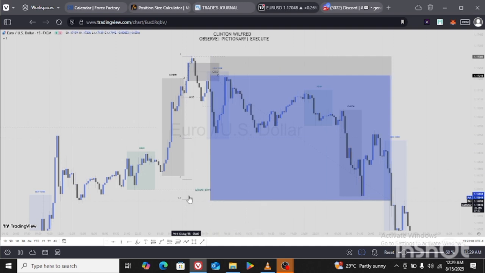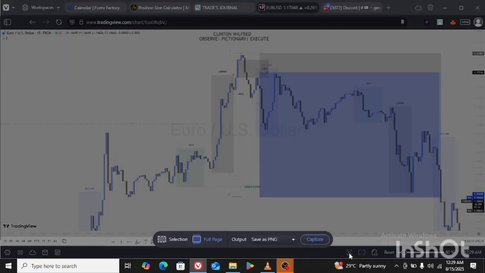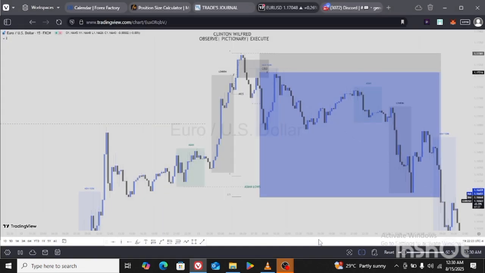Let me take some shots of this trade. I was able to make a good amount of dollars, but I'm still in drawdown on my funded account.